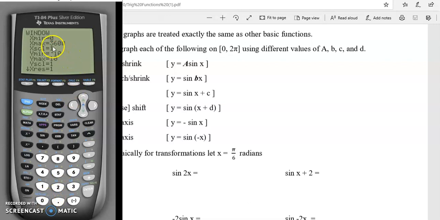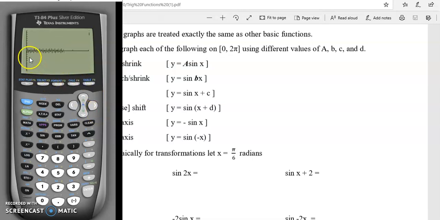Now, the x scale, what I like to use for that in terms of degrees will be 90 degrees, because that'll break it into the 4 different quadrants. You know, the y values, that's the height of the sine curve, which right now we're going to pretend like we don't know what it's going to be. So it'll go from -10 to +10. I'll just leave it at that, and let's see what happens.